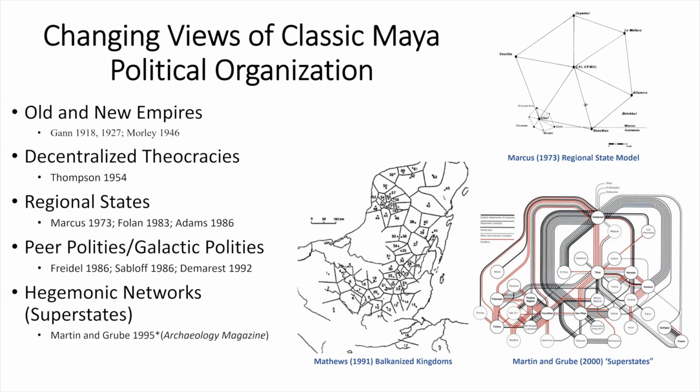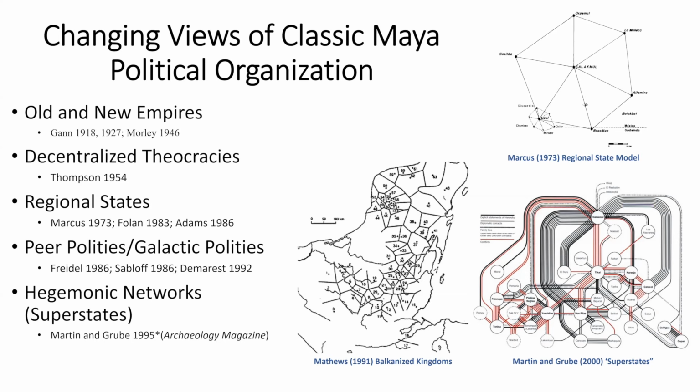But from the earliest era of Maya archaeology, we have people like Morley and Gann talking about old and new empires, the old empire being Tikal and the new empire being Chichen Itza. After that, J. Eric S. Thompson became the dean of Maya research, and his ideas became predominant for a few decades.